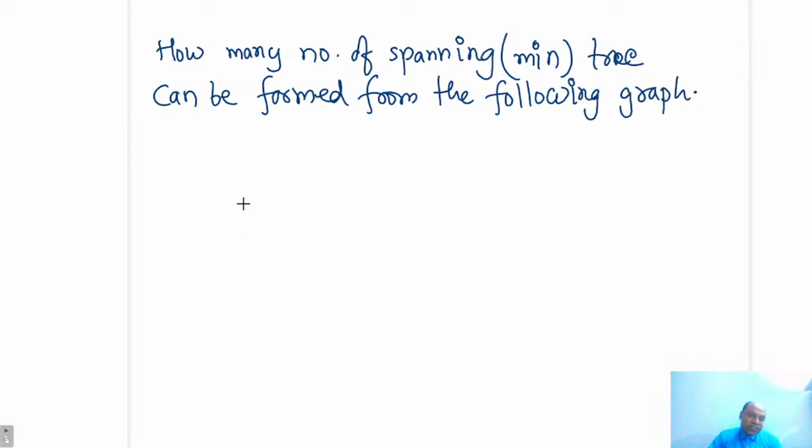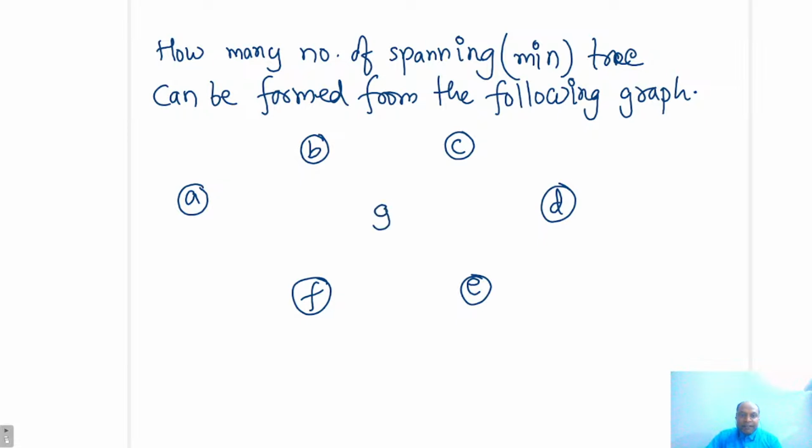Okay, so let's try to solve it. The graph is given as A, B, C, D, F, E, and G. Let's try to connect this, this, this.